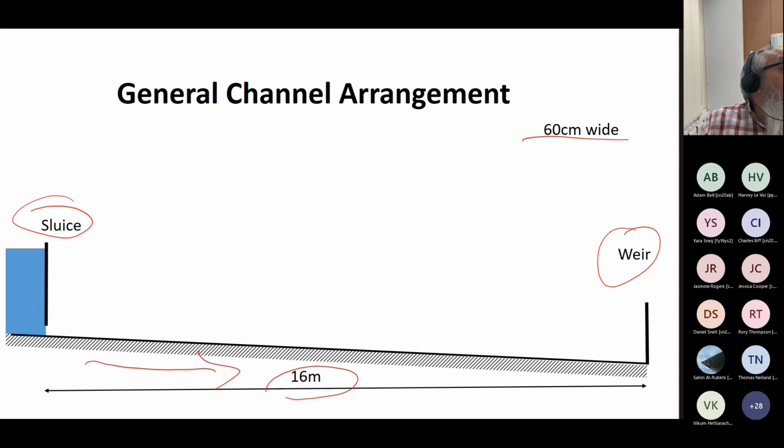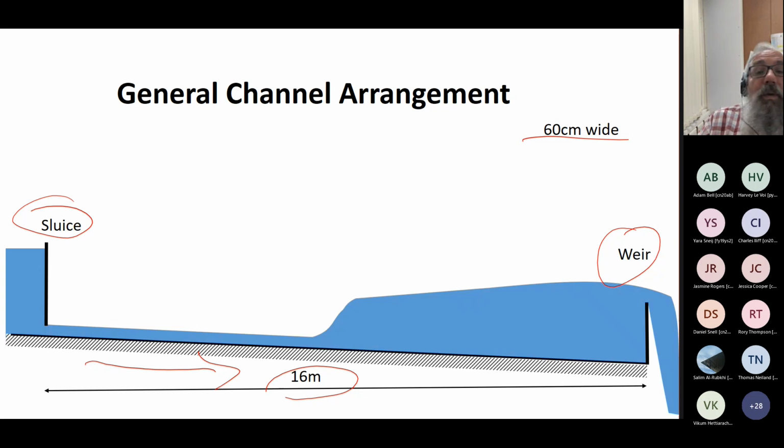There's a tank just upstream which we pump water into, and when we set the sluice to about 5 centimeters, we end up getting a water surface that looks a bit like this. So the aim of the exercise is to identify where this hydraulic jump occurs.